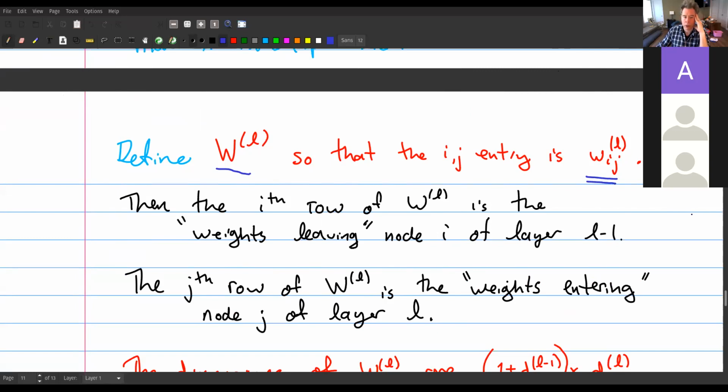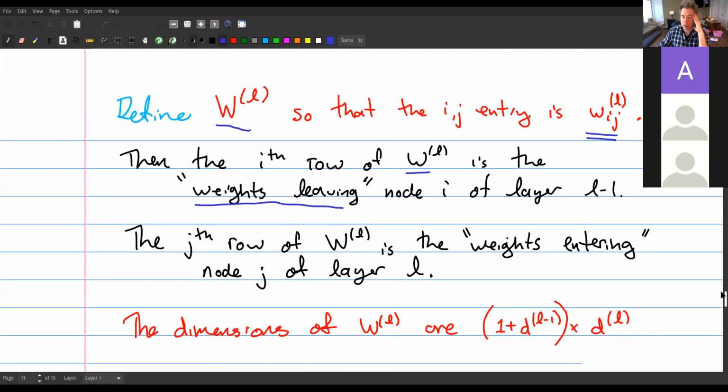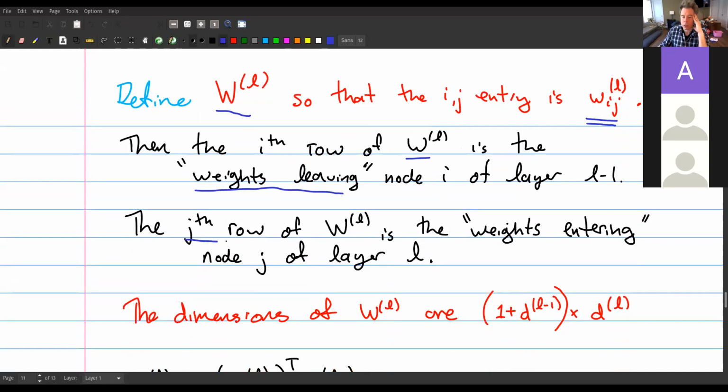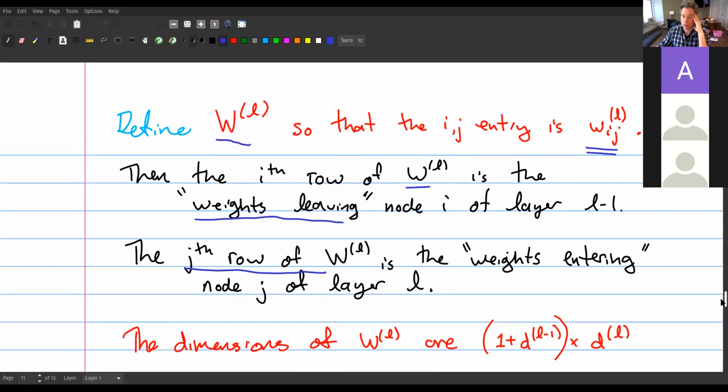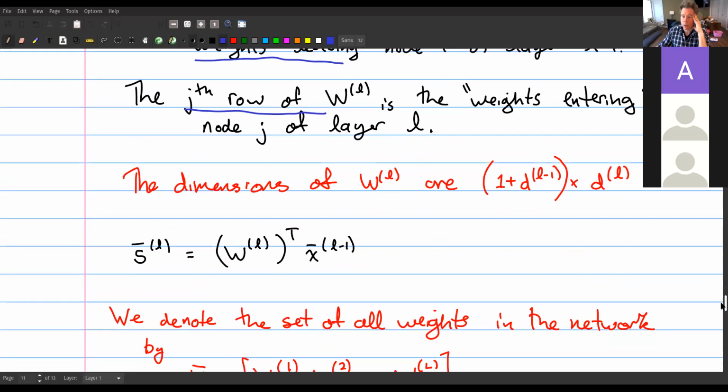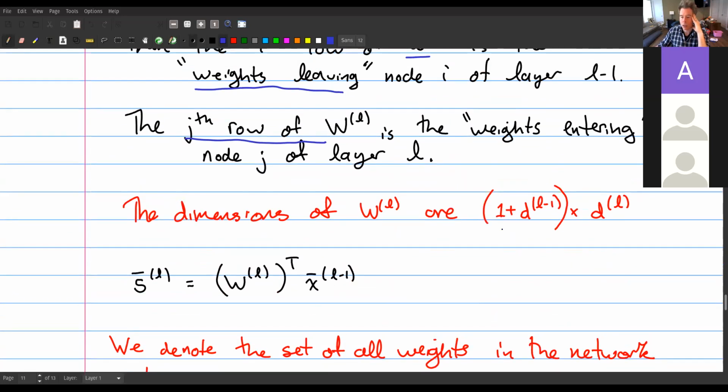So this is all incredibly dry, I'm sorry. Then the ith row of W^(l) is the weights leaving node i of layer l-1, and the jth column is the weights entering node j of layer l. With this notation, it has these dimensions.